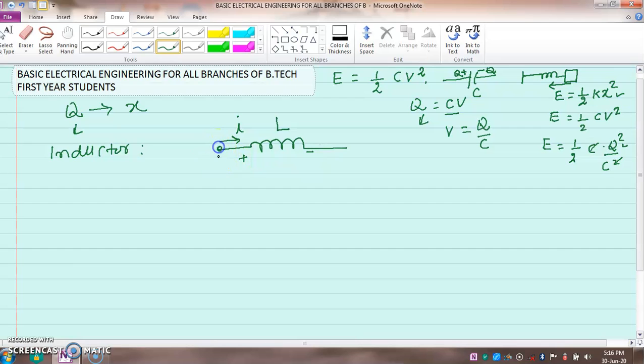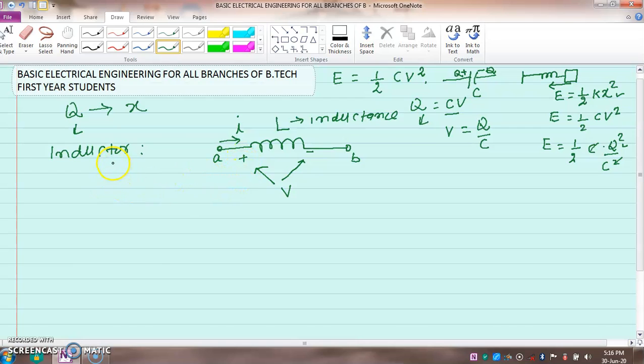These two ends A and B are called terminals, and this L is called inductance. And this voltage across the positive and negative terminals is represented by V, and this is the current.